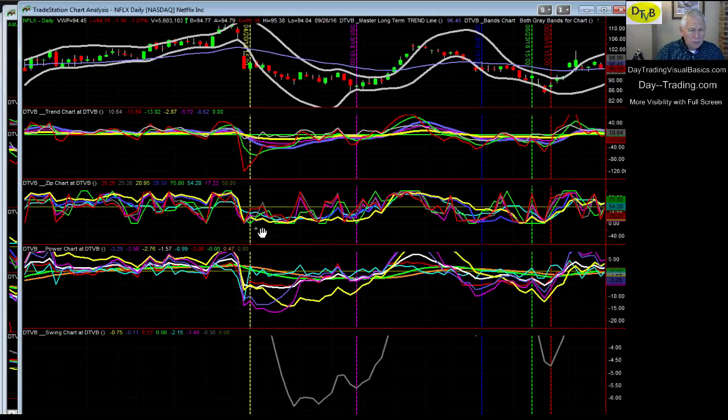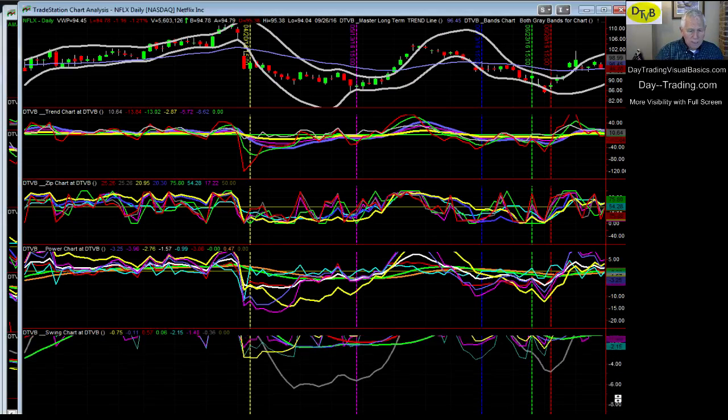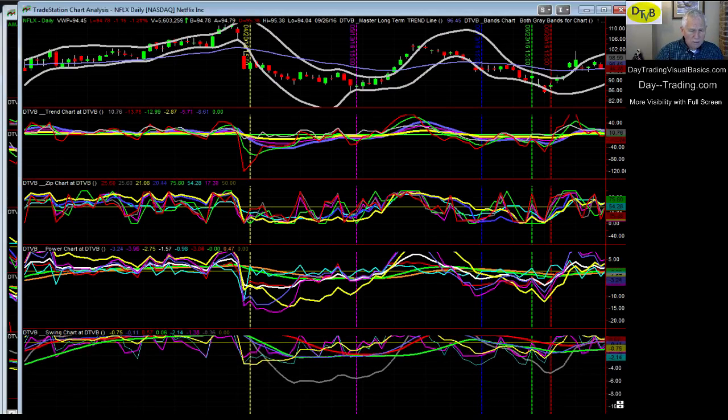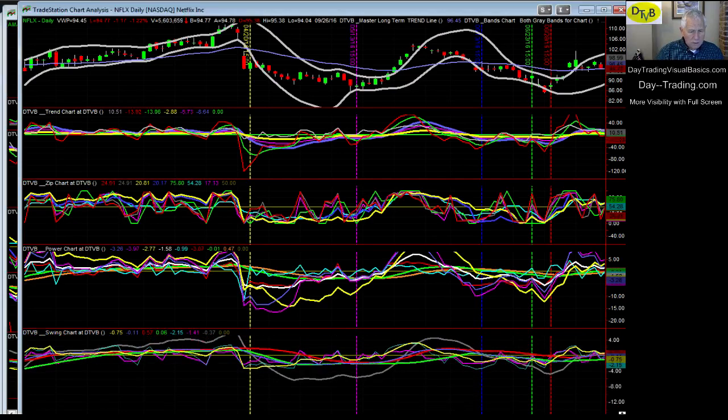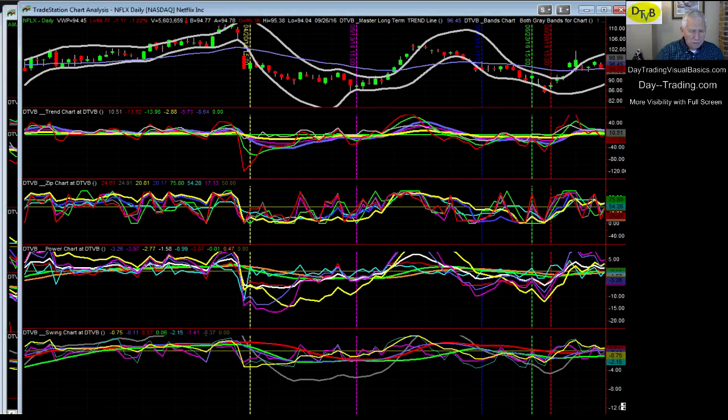But you do have your swing gray, which is over 0 and going down, and it's been on a peak about 3-4 days ago. We also have a significant gap in this situation, and I've indicated in many places in the videos that you just don't trade after gaps.